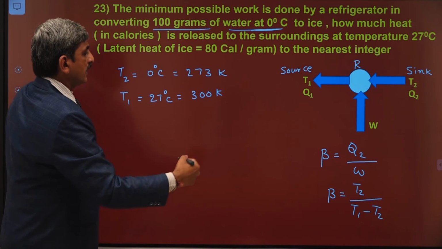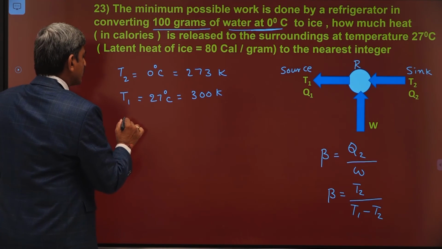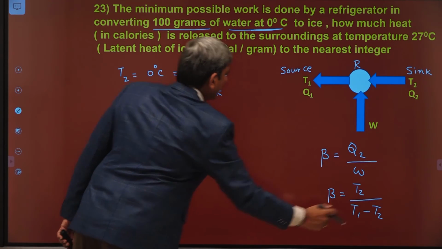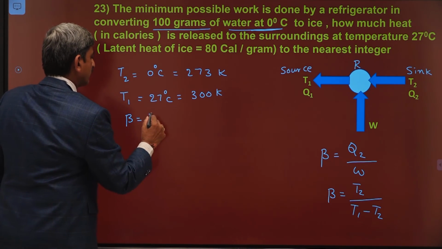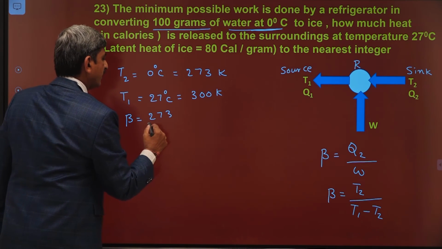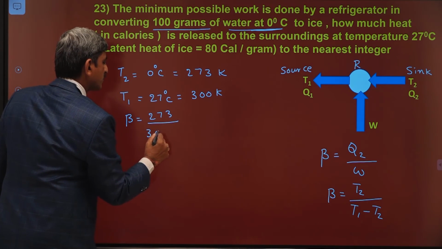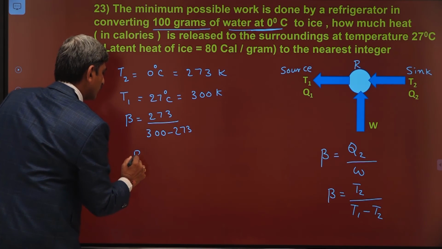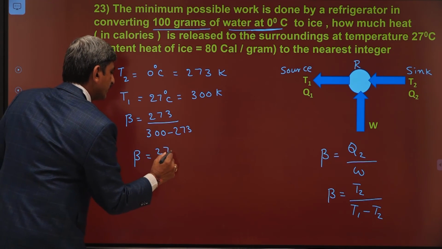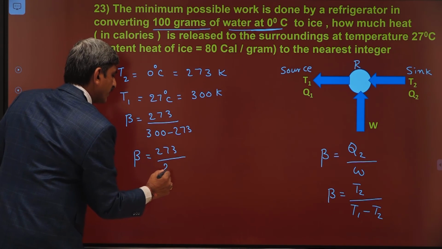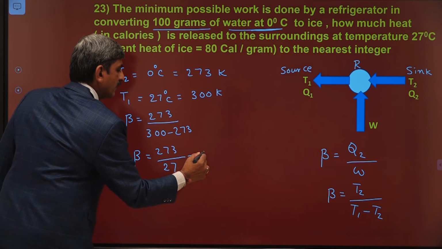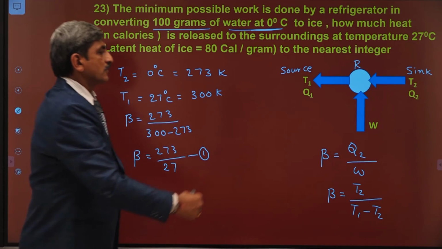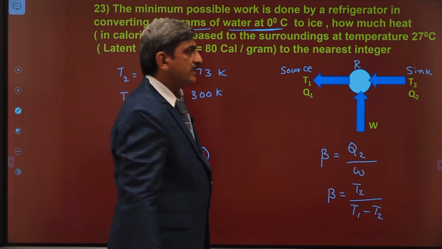Now the coefficient of performance beta is equal to T2 by T1 minus T2, that is equal to 273 divided by 300 minus 273, that is beta is equal to 273 divided by 27. Let it be equation number 1. So here what is the functioning of the refrigerator?